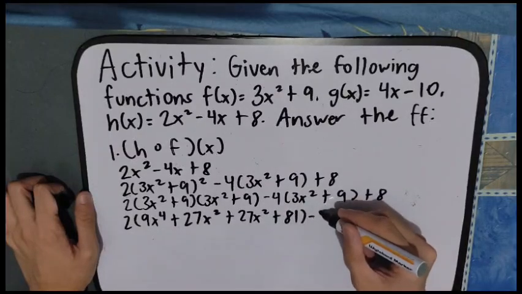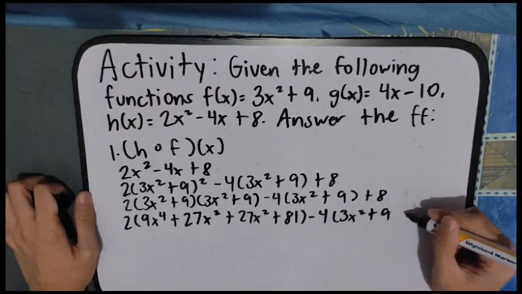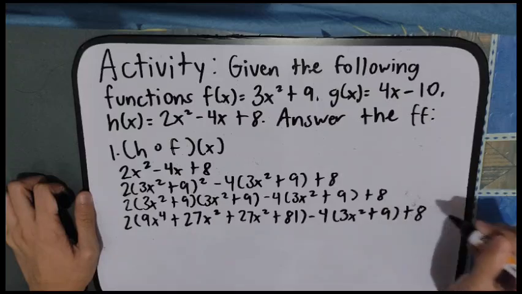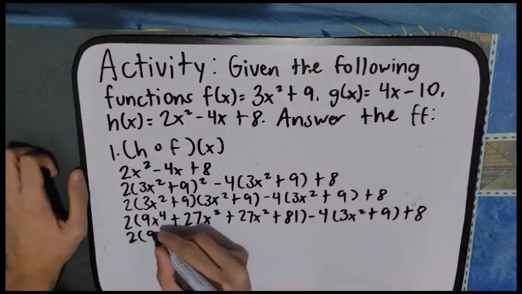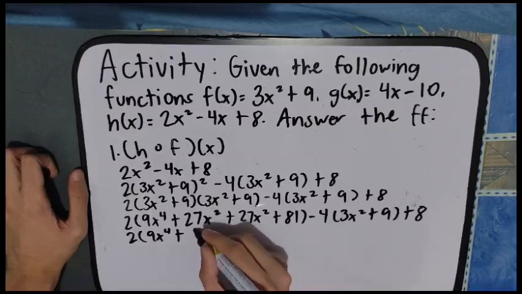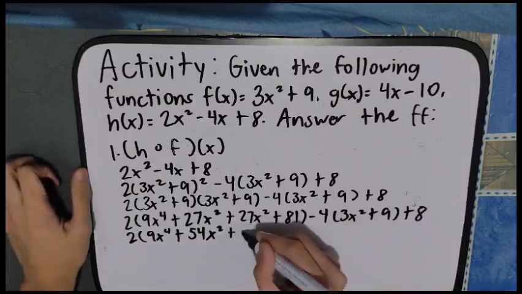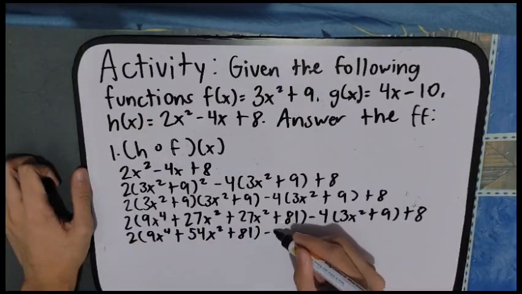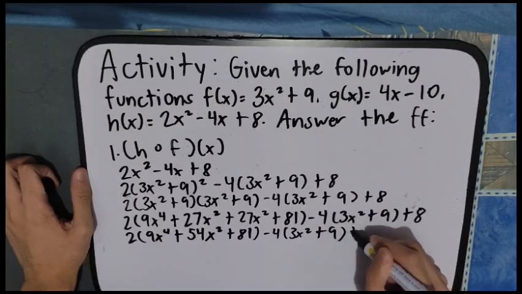And then copy 4 times 3x squared plus 9 plus 8. Then combine like terms inside the parentheses to simplify. 2 times 9x raised to 4 plus 27 plus 27 is 54. Copy the variable and the exponent. 54x squared plus 81. Then copy minus 4 times 3x squared plus 9 plus 8.